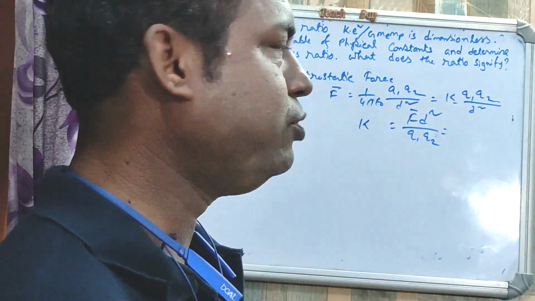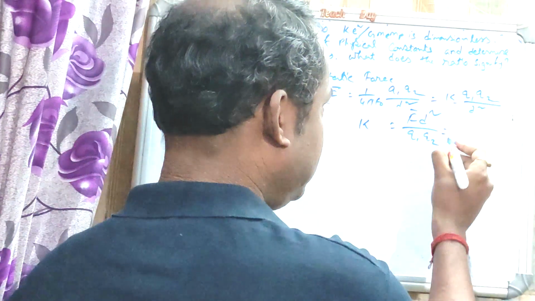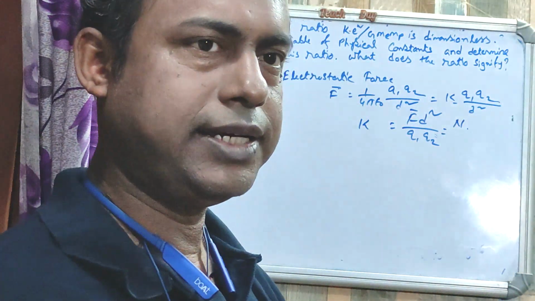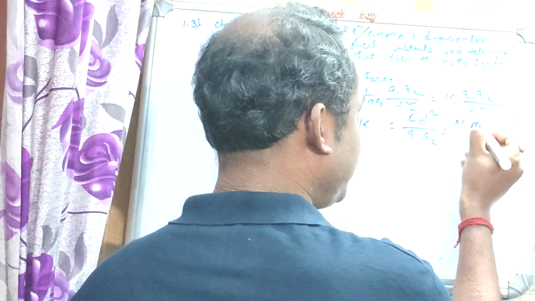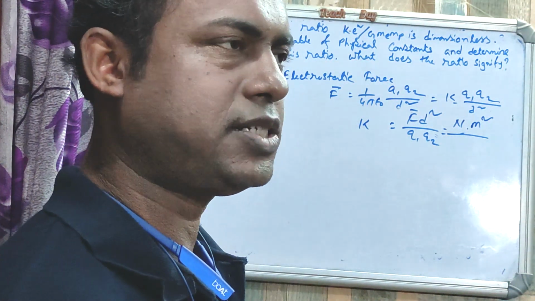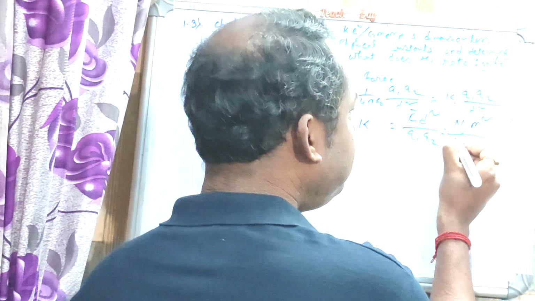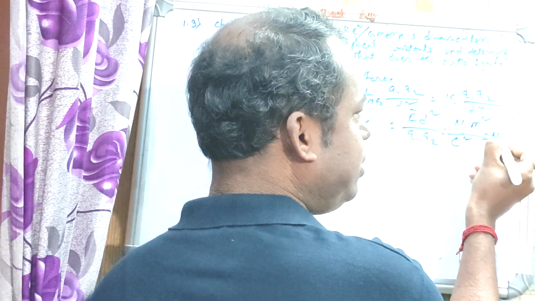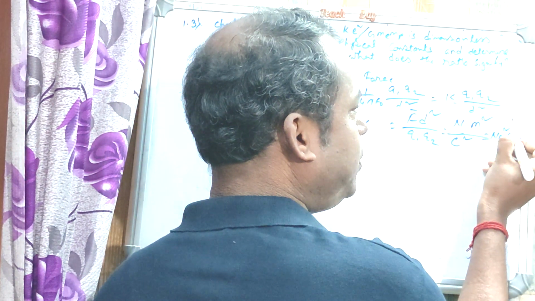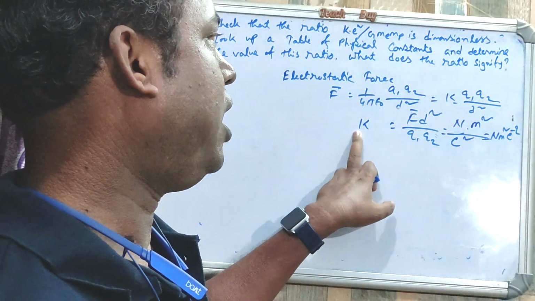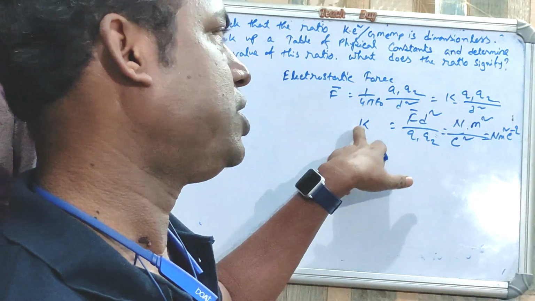What is the unit of force? That is Newton. And d, the distance, is meter square, and q1 q2, the charges, are coulomb into coulomb, so coulomb square. So it may be written as Newton meter square coulomb to the power minus 2. Am I right? So this is the SI unit of k.